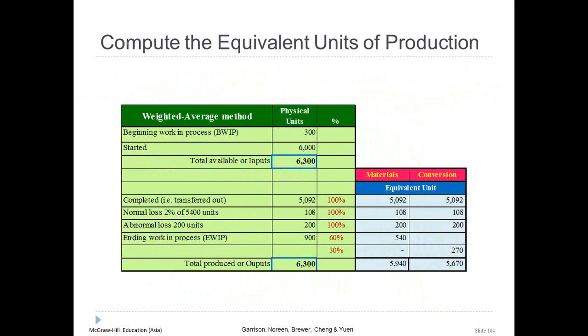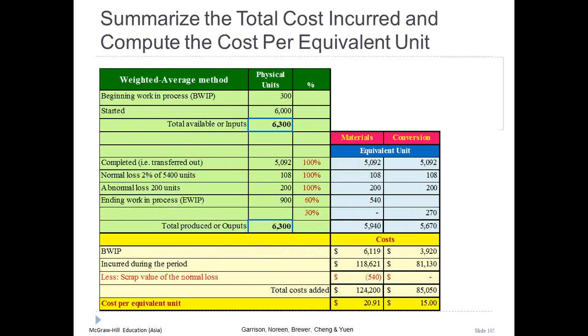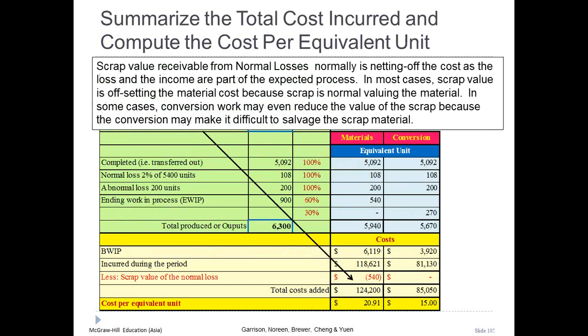So let's compute the equivalent units of production. This is the same calculation process for weighted average without losses used to compute the equivalent units of production. We summarize the total cost incurred and compute the cost per equivalent unit.